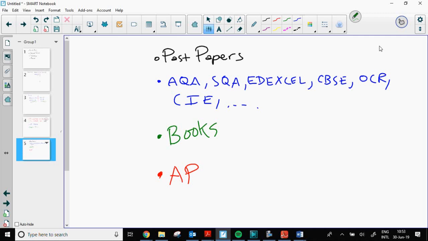Some textbooks are more similar to IB problems than others, however. For example, the Haese book, the questions in that tend to not be too similar to IB exam level, whereas the Cambridge textbook from the previous curriculum, I thought at least, was very similar to IB level questions. So books will vary, but that's certainly a place you can look.